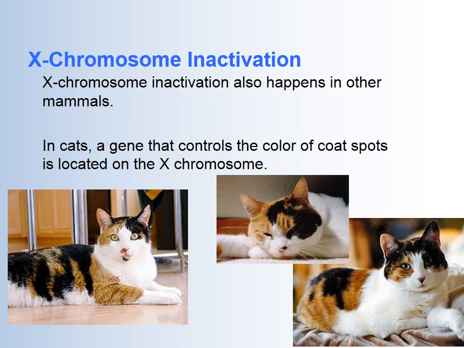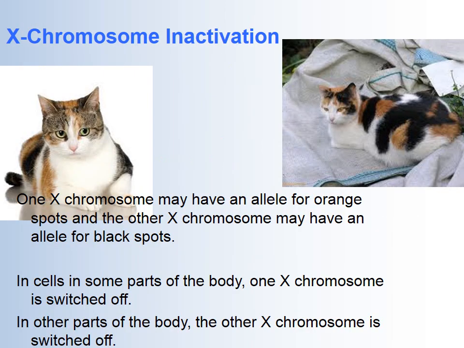In cats, for instance, the color of their fur or coat is on the X chromosome. And that's how you get calico cats. What happens is you might have an X chromosome that has the allele for orange, and another X chromosome that has the allele for black fur. Then if that chromosome is switched off or switched on, that allows the cat to have different colors of fur along their bodies.